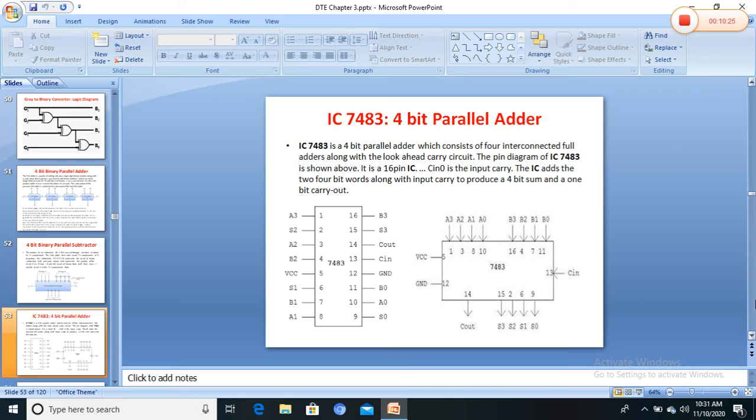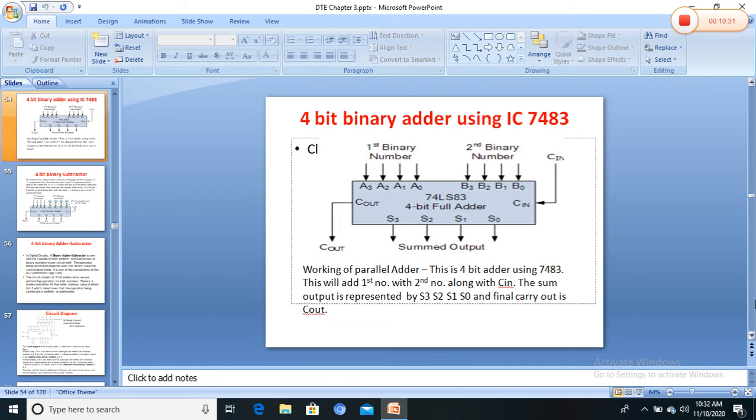To these pins we connect the inputs of the 7483. This is a 4-bit parallel adder using IC 7483, with the first binary number, the second binary number, the A bits and B bits, and the carry. The carry input is connected to logic 1, and S0, S1, S2, S3 are the sum outputs and this is the carry output.